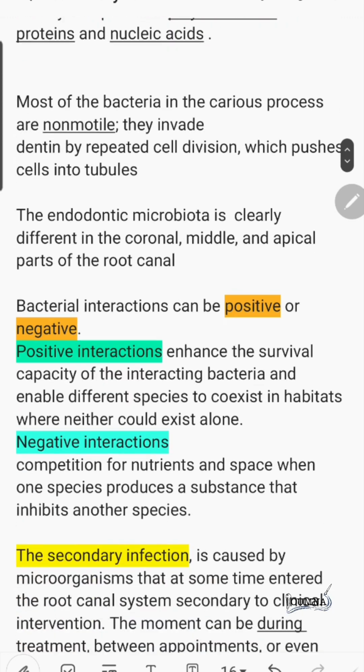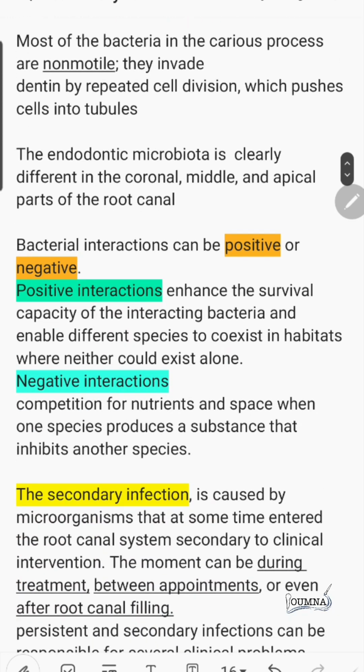Most of the bacteria in the caries process are non-motile. They invade dentin by repeated cell division, which pushes cells into tubules. The endodontic microbiota is clearly different in the coronal, the middle, and the apical parts of the root canal.